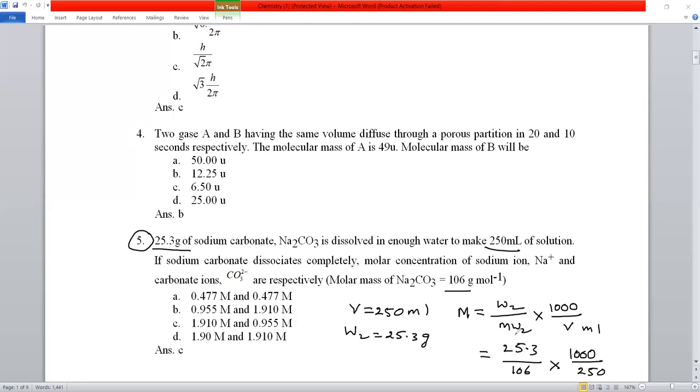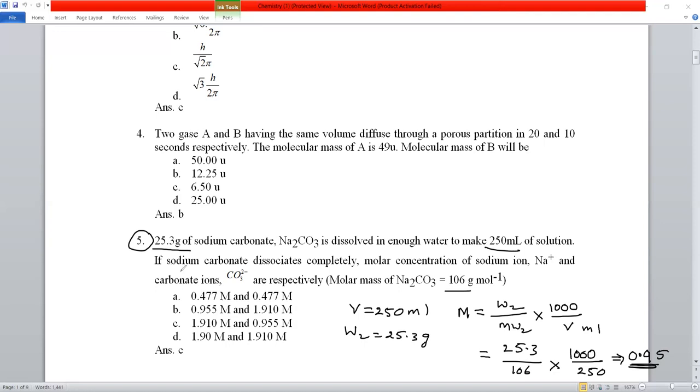On simplification you will get 0.95, which is the molarity of the Na2CO3.